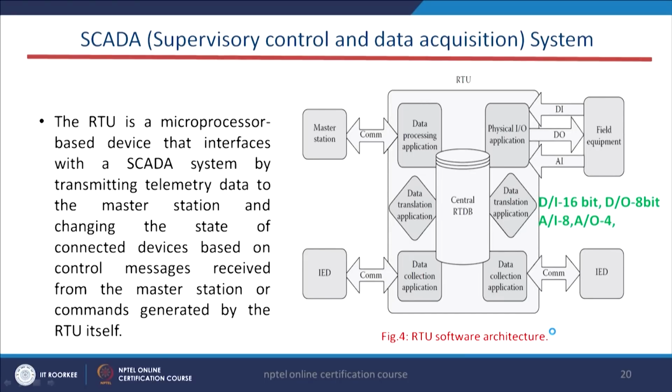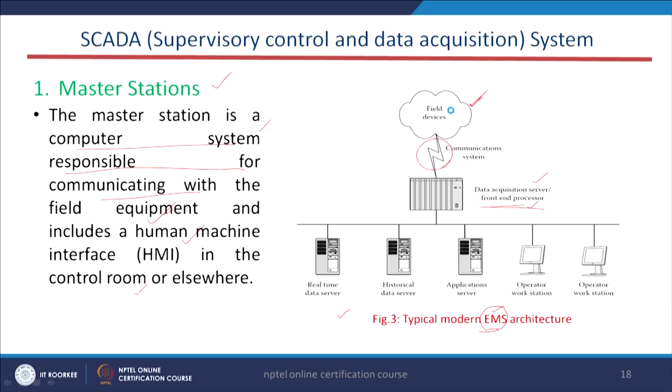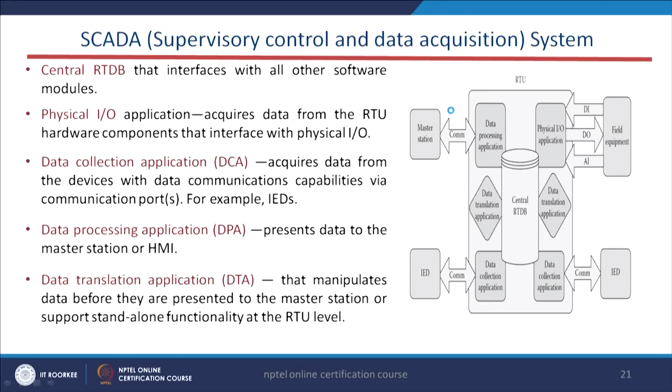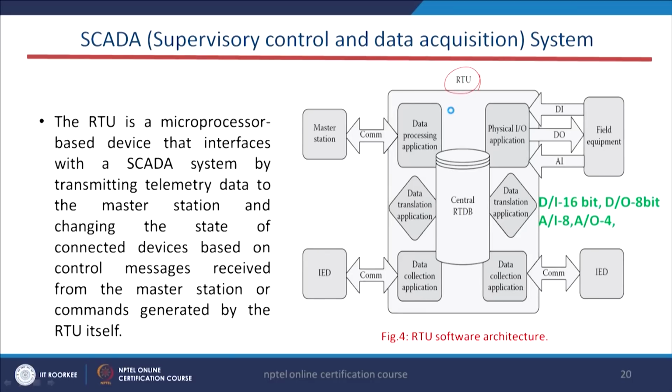Now, we have another element of this SCADA system, that is the RTU. If you could see in the previous slide, I have described the remote terminal unit. What is the function of this remote terminal unit?